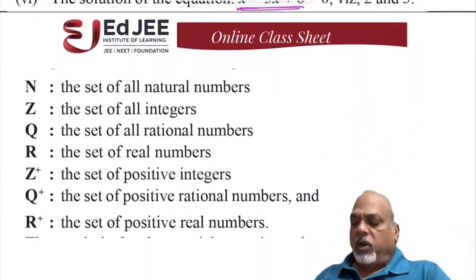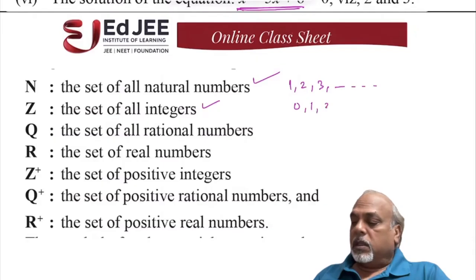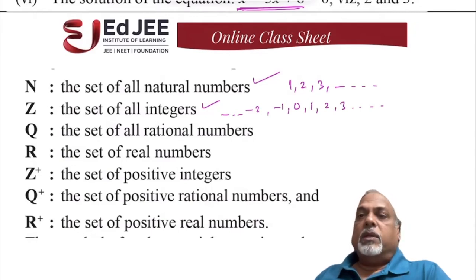You must have seen in your earlier classes the set of natural numbers, set of all integers, correct? Then the set of all rational numbers.